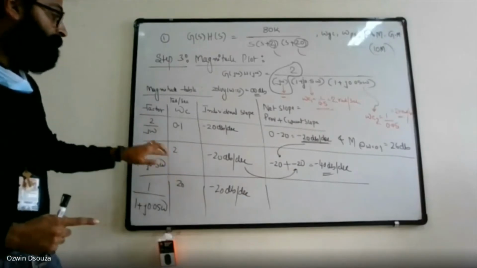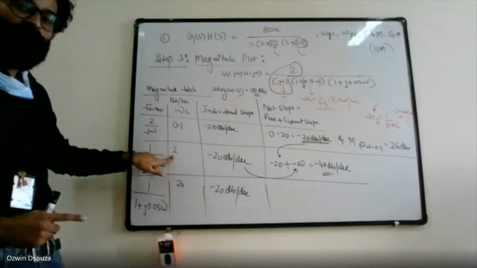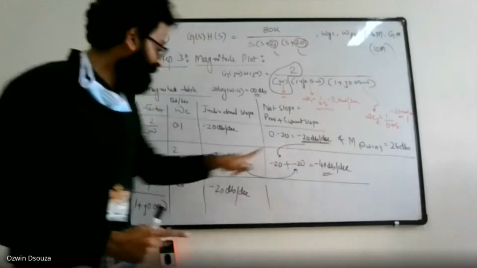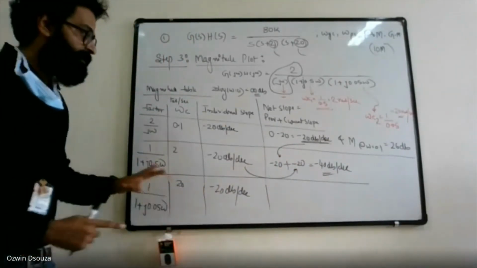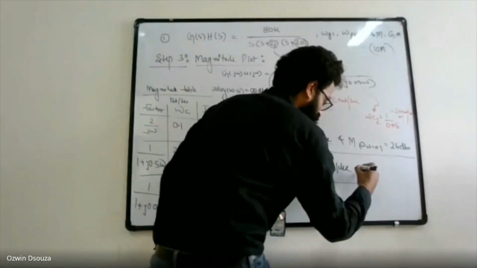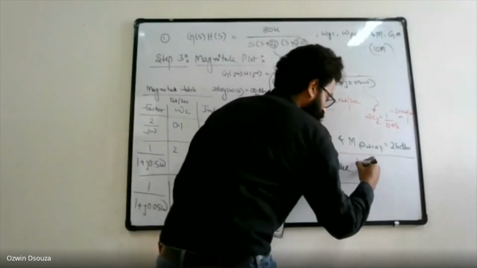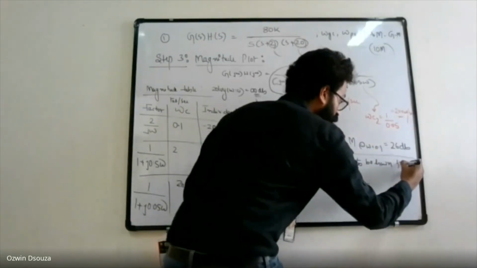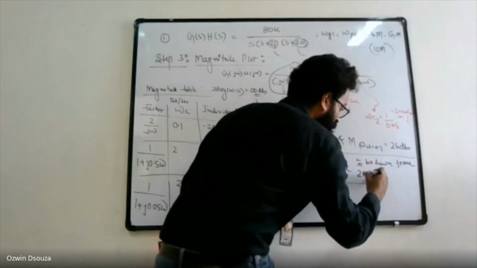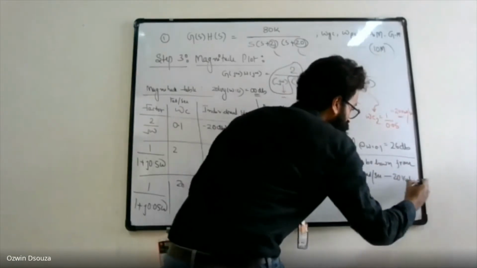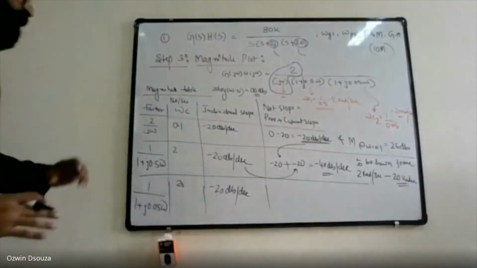So from 2 radian per second onwards, the net slope becomes minus 40 decibel per decade till the next corner frequency. So minus 40 decibel per decade is the slope, to be drawn from 2 radian per second to 20 radian per second.